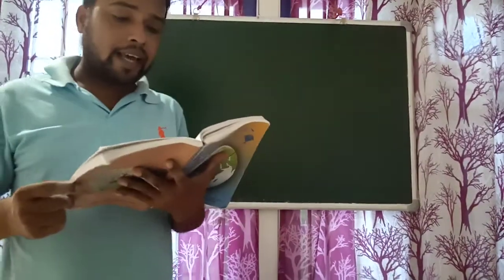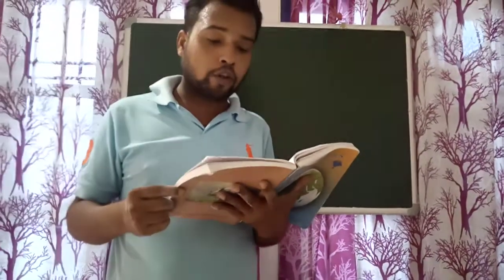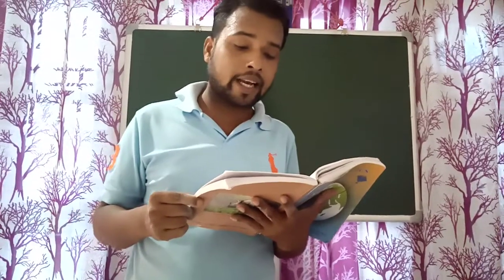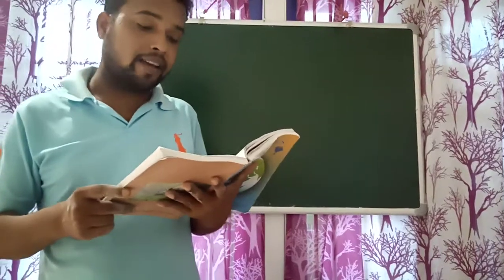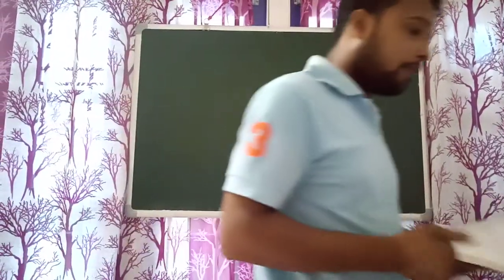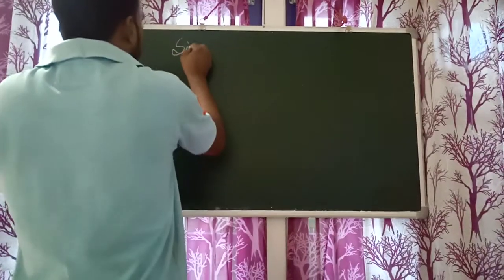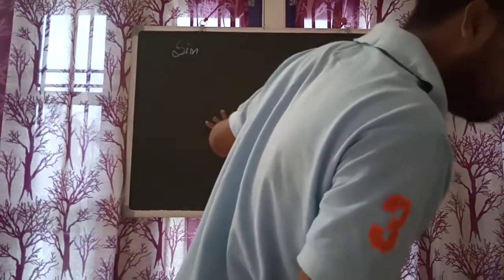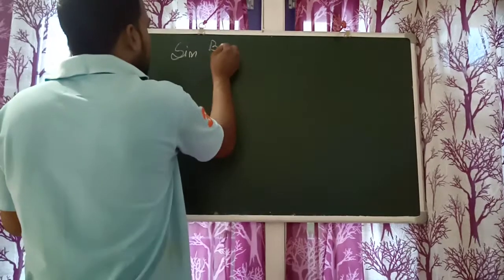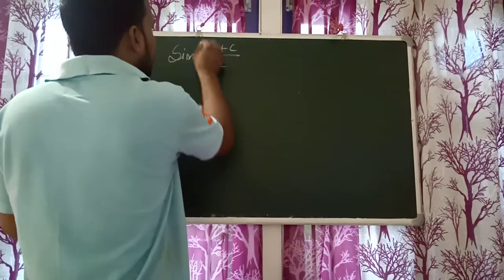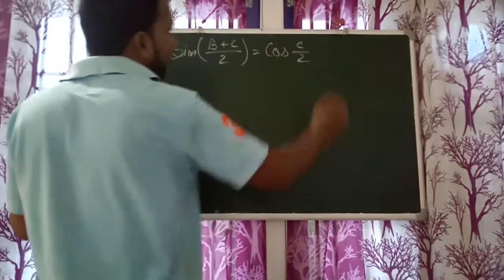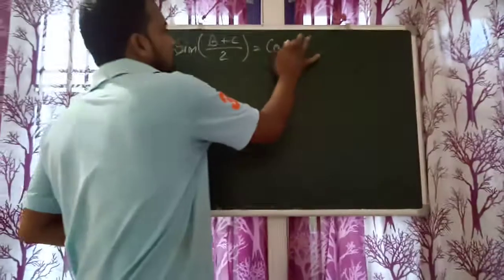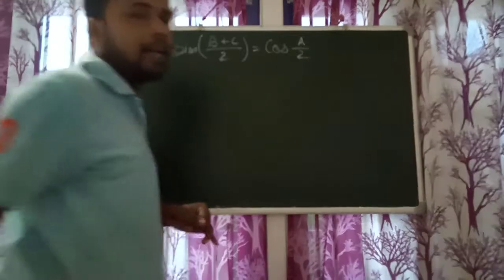If A, B and C are interior angles of a triangle ABC, then show that sin of B plus C divided by 2 is equal to cos A by 2. Okay, now what we have to prove is sin of B plus C divided by 2 is equal to cos A by 2.